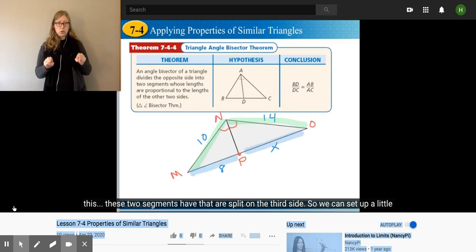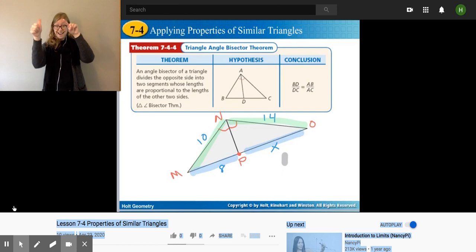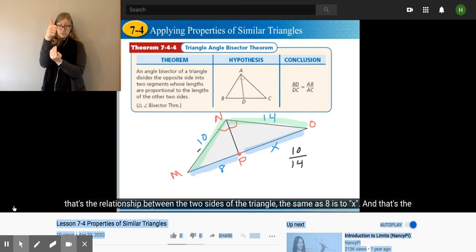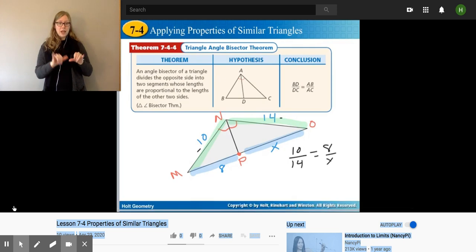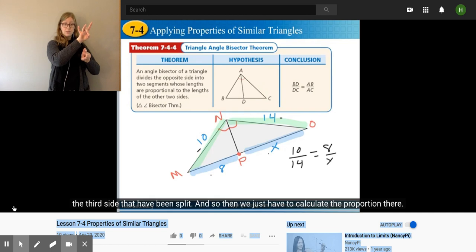So we can set up a little proportion. I can say 10 is to 14. That's the relationship between the two sides of the triangle. The same as 8 is to x, and that's the relationship between the two parts of the third side that have been split.